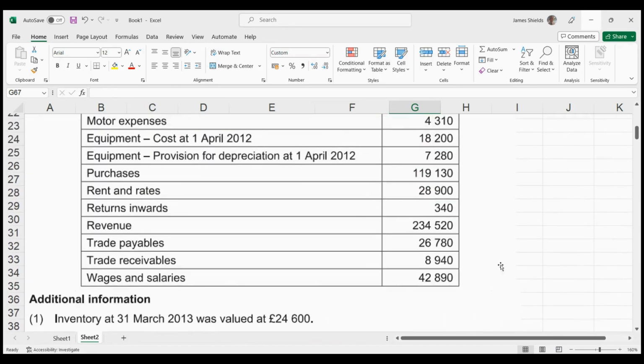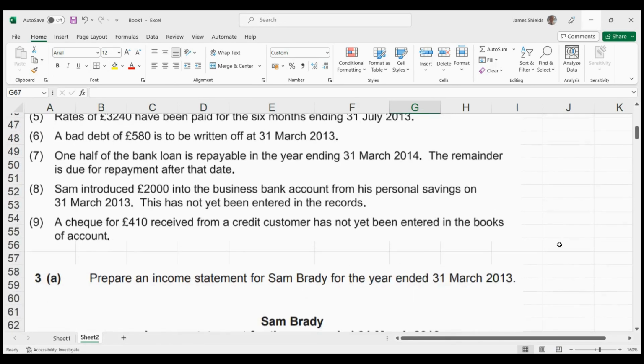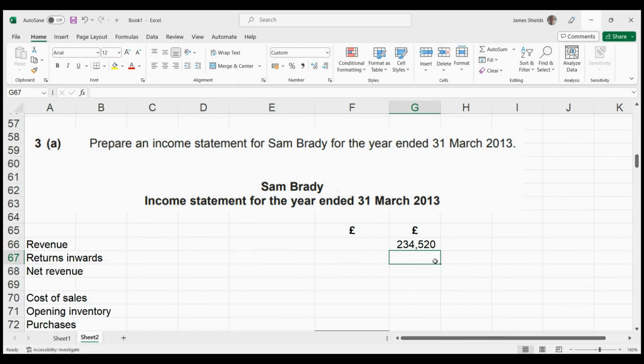So returns inwards, £340. So my net revenue is going to be the 234,520, take away the £340, it's going to give me net revenue of £234,180.